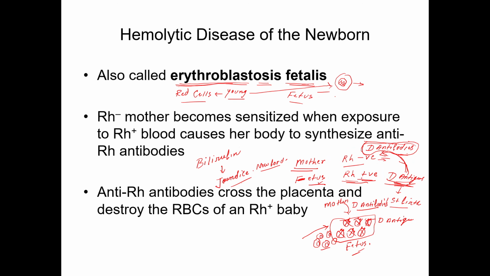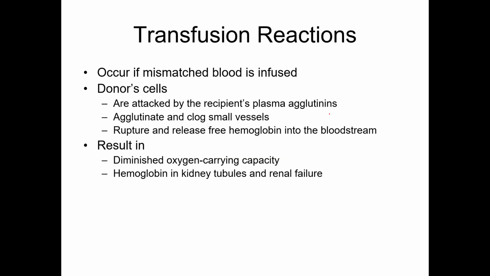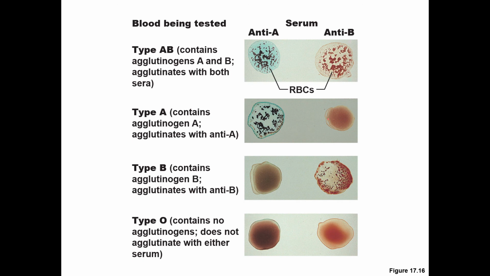So if you know that the first child was positive, that means in the mother's body D antibodies have already been developed, right? So if the mother is Rh negative, then you will take precaution. You will inject or give a drug, a medicine that will inactivate the D antibodies or production of D antibodies. So in that way, you can prevent erythroblastosis fetalis in subsequent pregnancies.